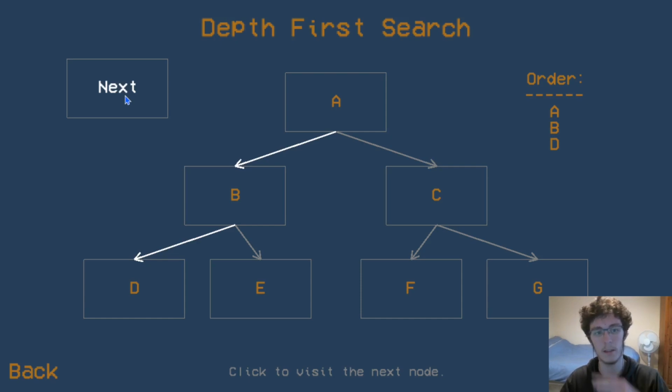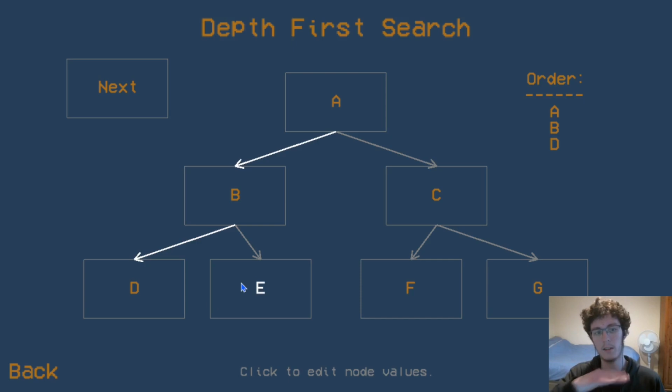And what this means is the next one underneath can now be traversed instead. So we go back to B and we say, okay, B, you've already traversed your left child, do you have any other children that need to be traversed? And B does. B has E.